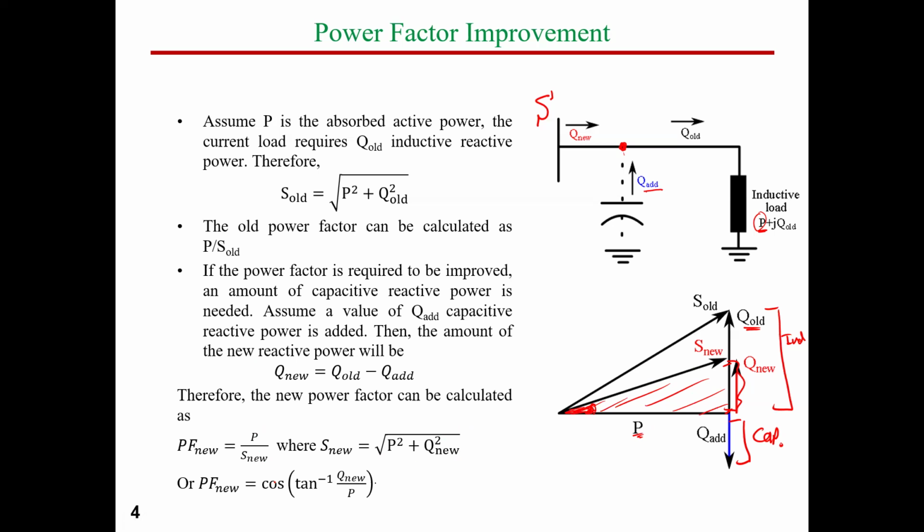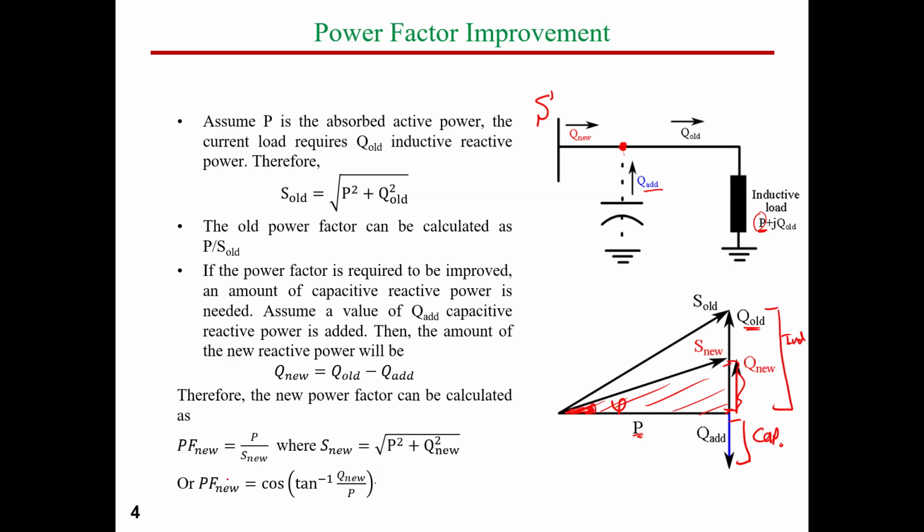So by the end, power factor new equals cosine of the angle, which is tan inverse of Q new divided by P. So if this is angle phi, we can say tan phi equals Q new divided by P. So tan inverse of Q divided by P equals phi.